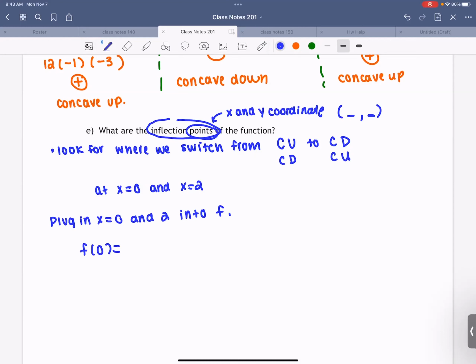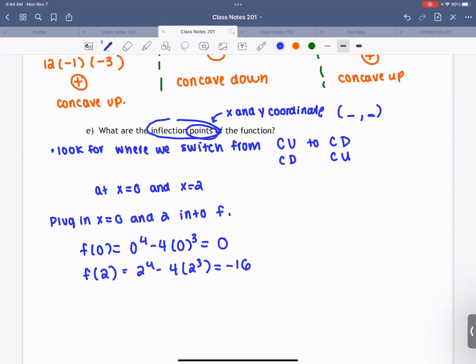Remember, my original function is x to the 4th minus 4x cubed. Looks like I'm going to get 0 here. Then f of 2 is 2 to the 4th minus 4 times 2 cubed, and that gives me negative 16.